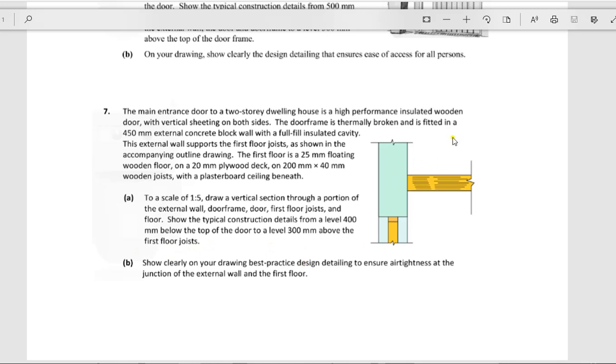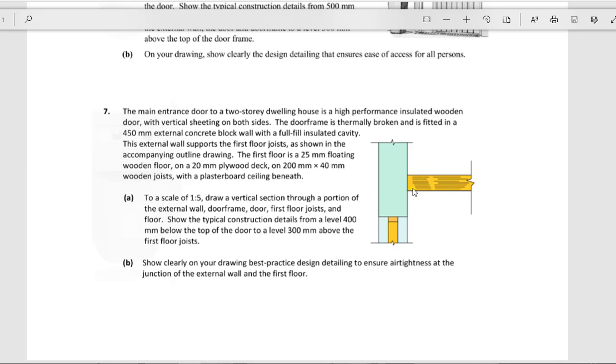So basically what's shown in the diagram here, but a lot more detail placed in. Show clearly on your drawing best practice design detailing to ensure air tightness at the junction of the external wall and the first floor joist. So basically what they're looking for in this diagram here is to test your knowledge of air tightness.